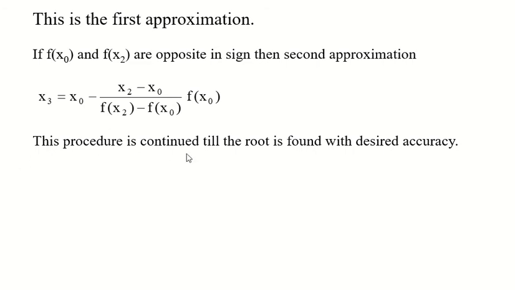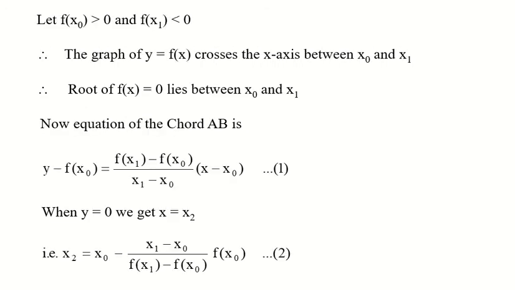So this procedure is continued till the root is found with the desired accuracy. That is, two successive values xn and xn plus 1 are nearly equal. So hope you understood the method. The first approximation is, first you are finding two values x0 and x1 such that f of x0 and f of x1 are of opposite signs.